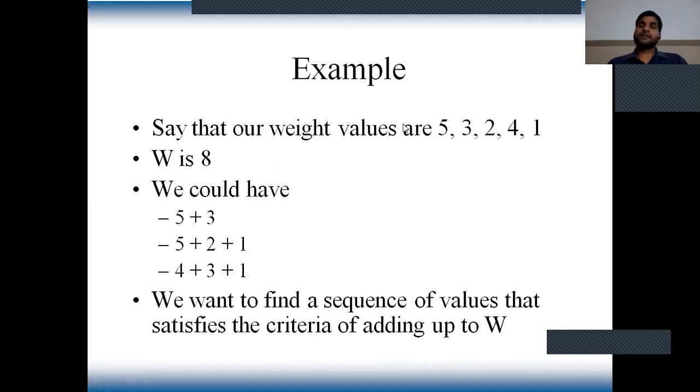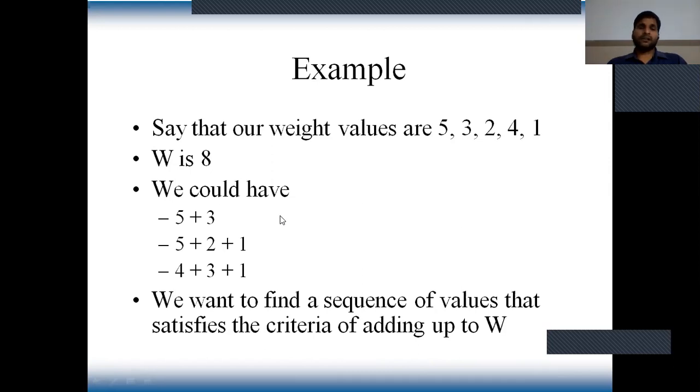That is a subset of the set whose sum is 8. Next, 5 plus 2 plus 1 is also a subset of this set, and their summation is equal to 8. We can also take 4 plus 3 plus 1. The sum of this subset is equal to 8.